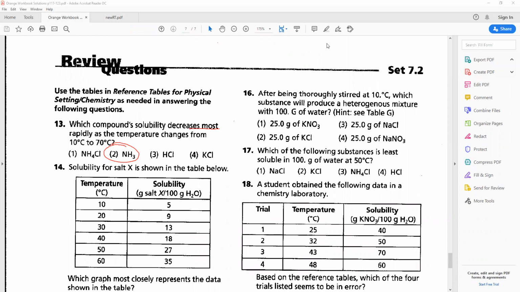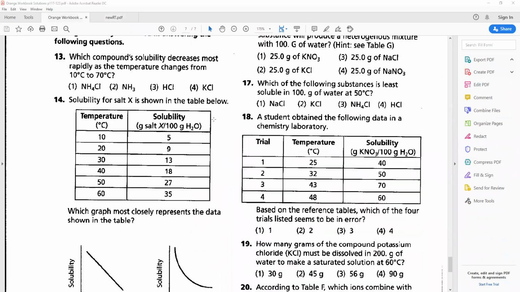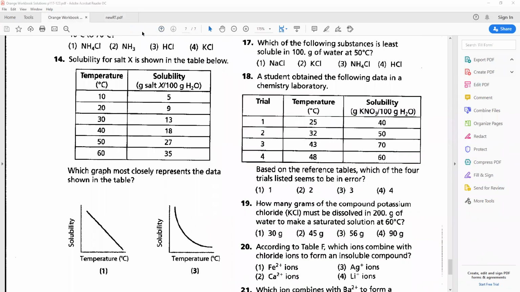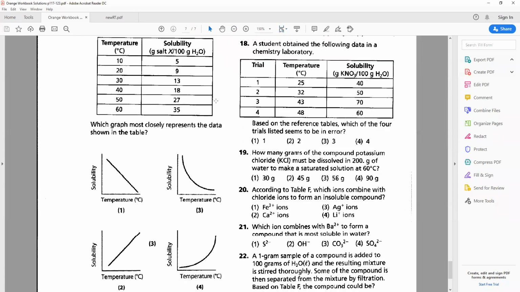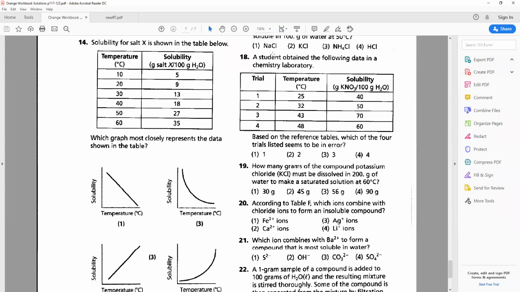All righty, let's move on to the next question, number 14. Let me just make it a little smaller so that we can see all the choices. It says, solubility for salt X is shown in the table below.